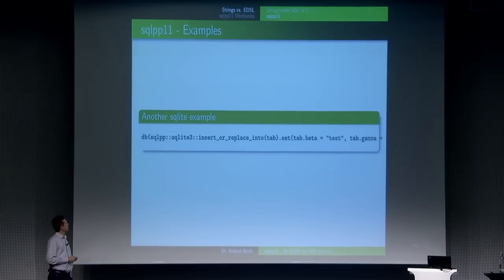But it can be extended with this Sqlpp SQLite3 namespace and a function that does exactly that. And then it behaves just like you want it to behave, and you can have all the type checking and all the name checking and logic checking, whether you're using the correct tables with the correct columns and so on. You can have all that also for your very specific things.